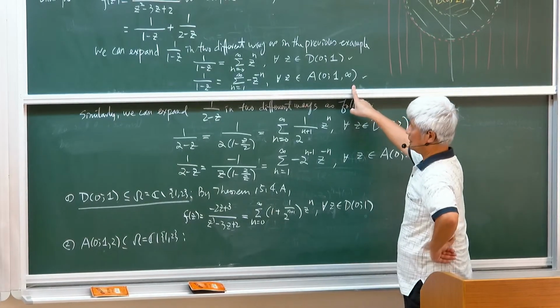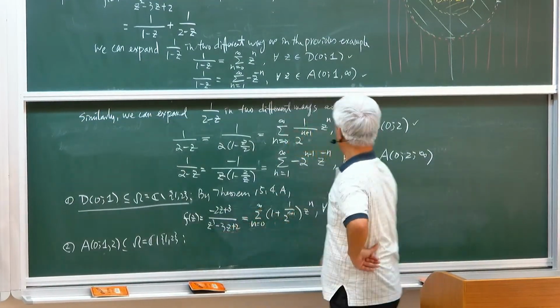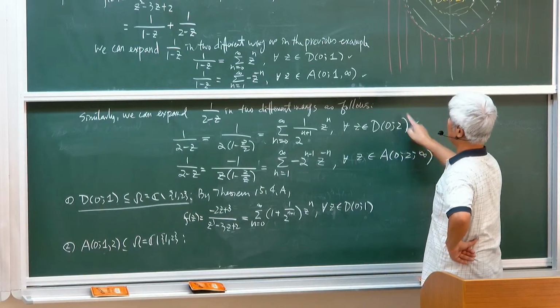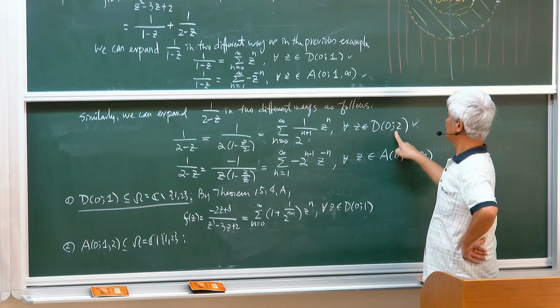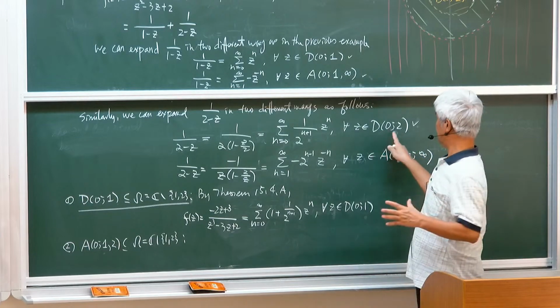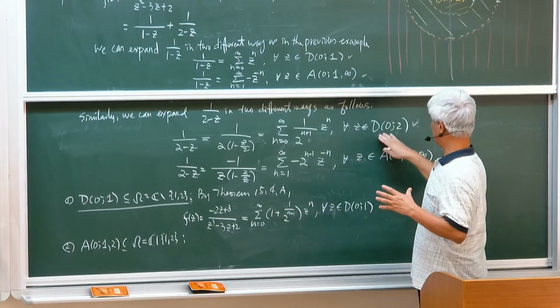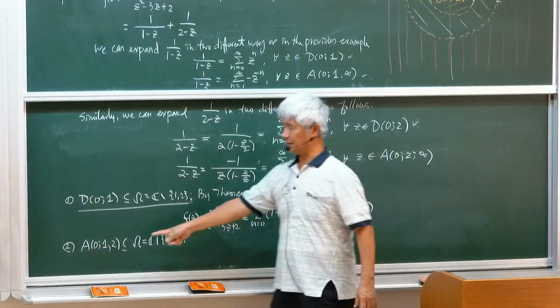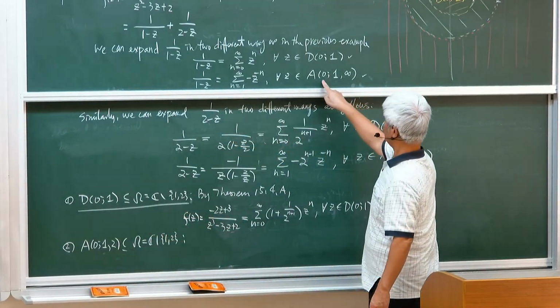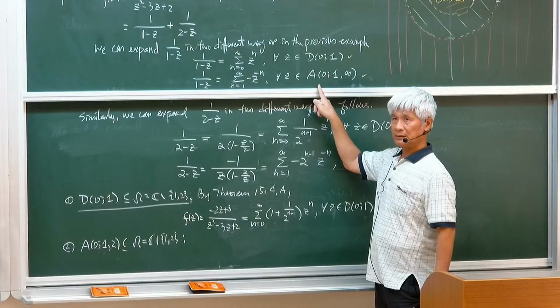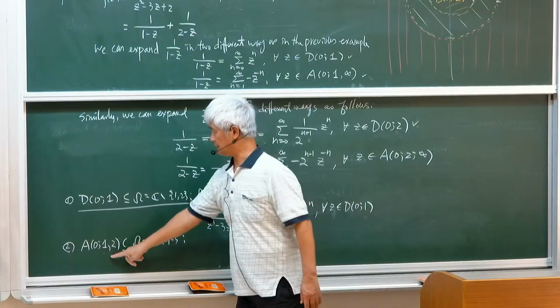This covers the open annulus here, and this one again, these two. Because the open disk with radius 2 contains this open annulus, and also this open annulus contains this open annulus too.